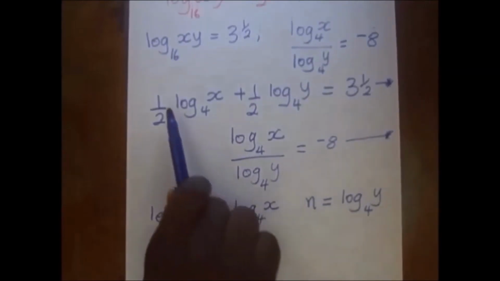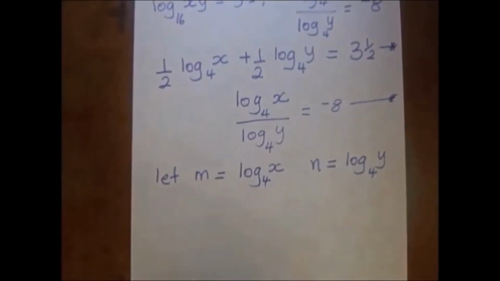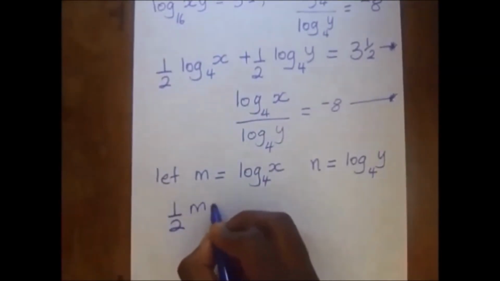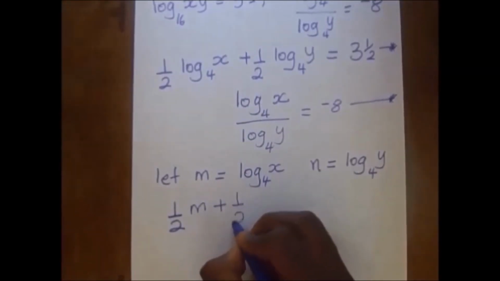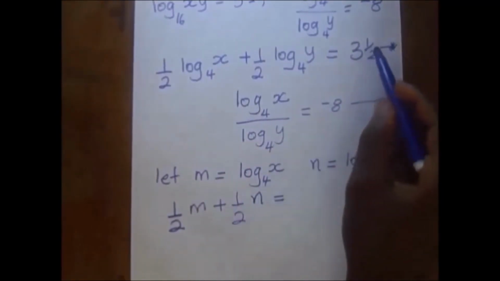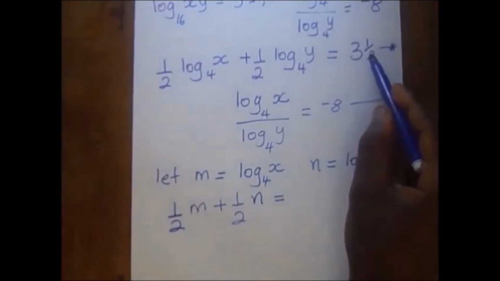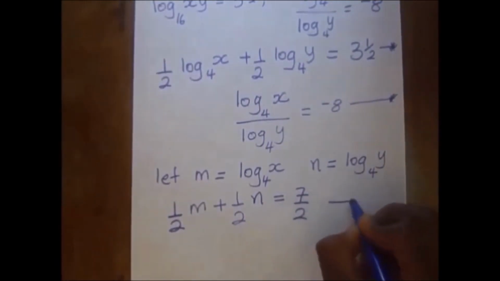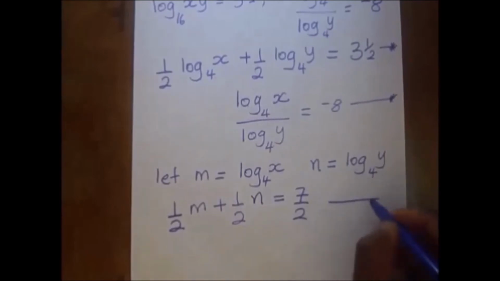So in this case, our first expression is going to become a half m plus a half n is equal to 3.5, that is 3 times 2 is 6 plus 1, that is 7/2. That is the expression we get.